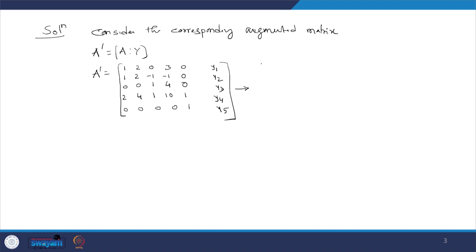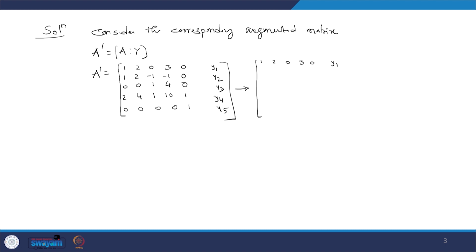If I do it, I will have this. The first two rows I will keep as they are, 1, 2, 0, 3, 0, y1, because the first non-zero entry appears in the first column, which is equal to 1, that is the leading entry. So, it is fine. Now, to satisfy the second criterion for the row reduced echelon form, all the entries of the first column apart from the first one have to be 0.